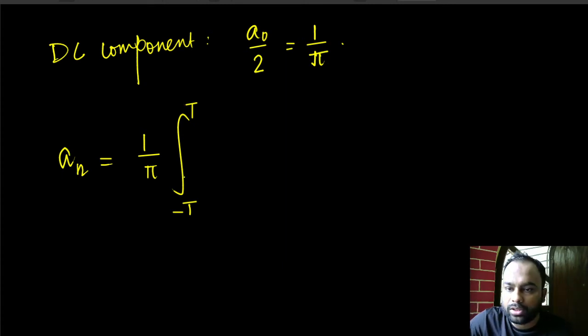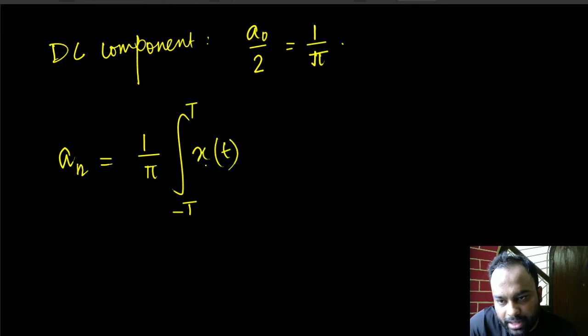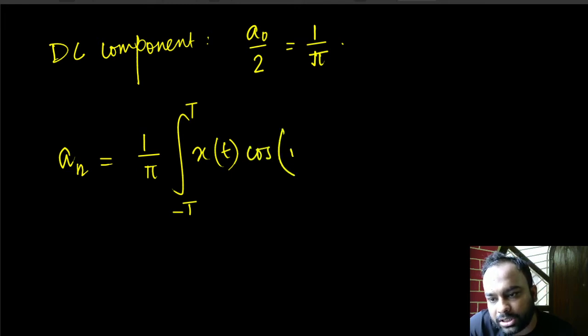So minus T to T, and again we have x(t), and now we are checking for sinusoids that are periodic with period 2T, and 2T by 2, 2T by 3, 2T by 4, and so on. So instead of that, I would simply have cos n pi t by T, dt.